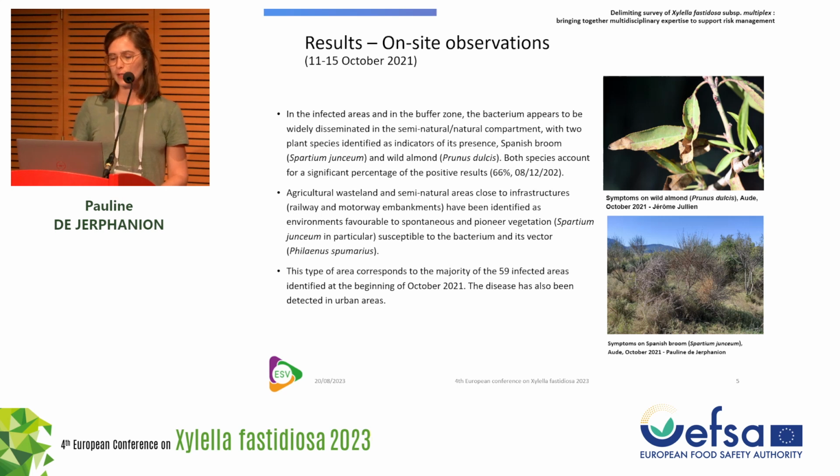Moreover, we observe that agricultural wasteland and semi-natural areas close to infrastructures have been identified as environments favorable to spontaneous and pioneer vegetation susceptible to the bacterium and its vector.